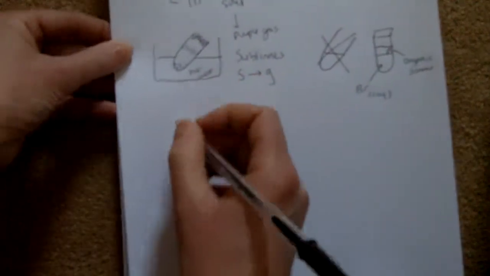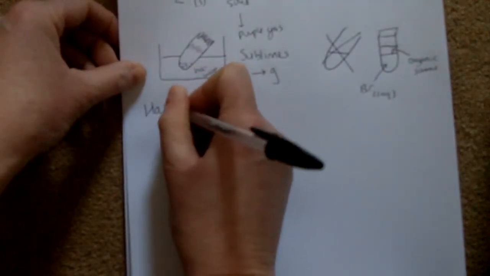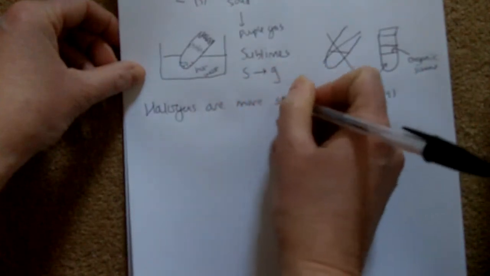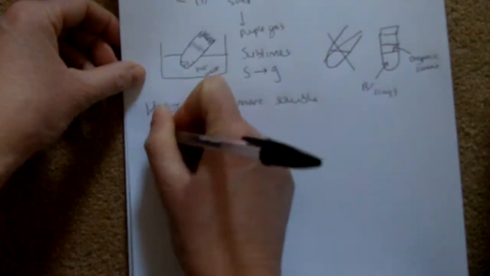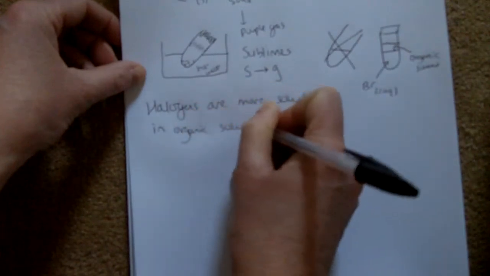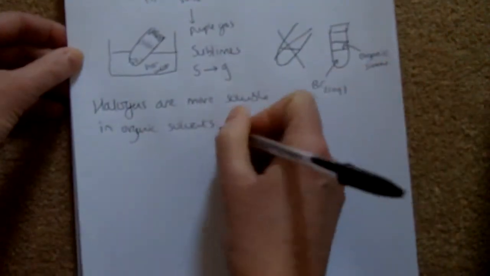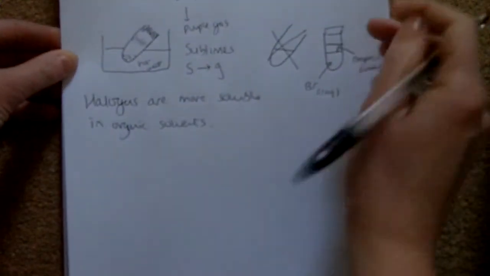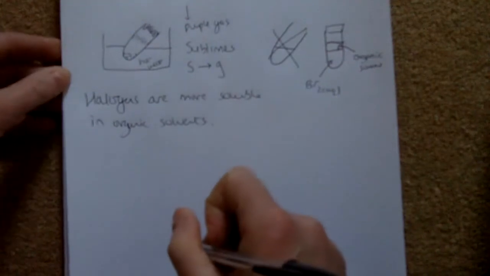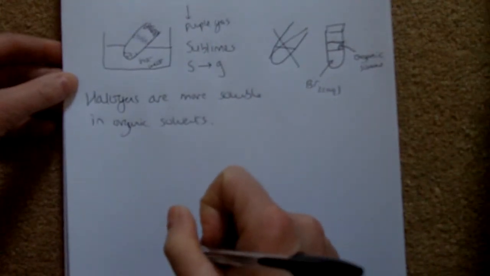Okay, the halogens, the elements, are more soluble in organic solvents. Why? So they're soluble in water, but they're more soluble in organic solvents. So you give it a shake, and the colour at the top becomes more intense, more darker.